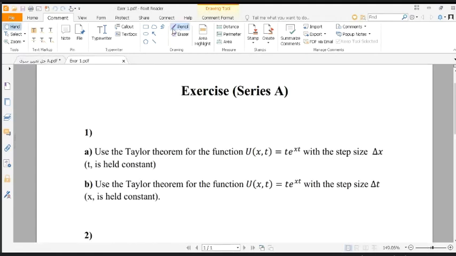Yes, delta t is the step size for t, and we want to apply Taylor's theorem for u. x is a constant and t is a variable.